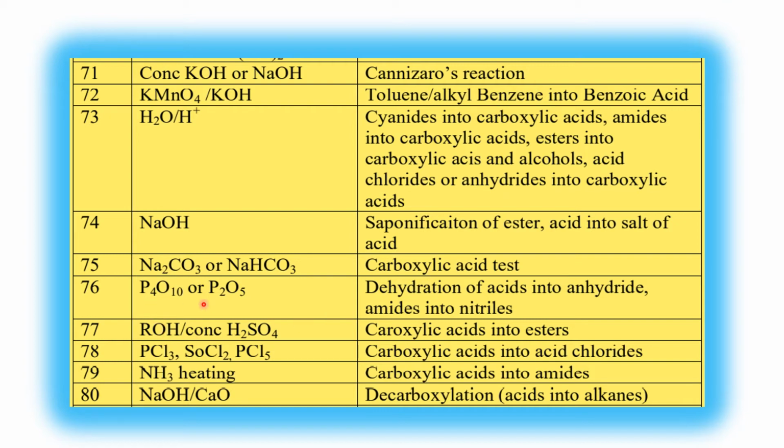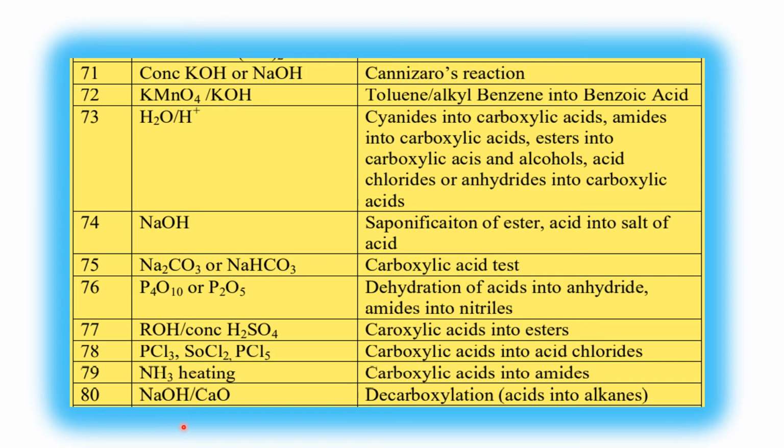Here P4O10, phosphorus pentoxide, is for dehydration of acids into anhydrides and amides into nitriles. Here ROH with concentrated sulfuric acid converts carboxylic acid into esters. Here PCl3, thionyl chloride, PCl5 convert carboxylic acid into acid chloride. Ammonia on heating converts carboxylic acid into amide.